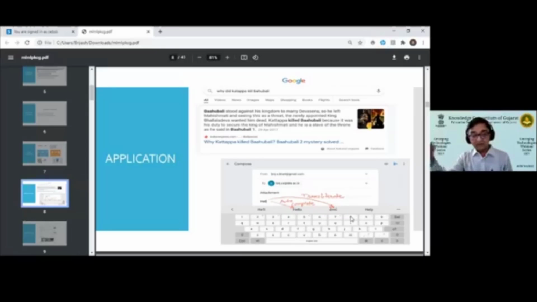On the bottom side of the slide, if you see, I just wrote a sample mail and I was typing HELL. When I typed HELL, the assistant gave me the possible words that I might want to type, like HELL, or you want to say hello, or you want to say hello in Gujarati, or you want to type help.